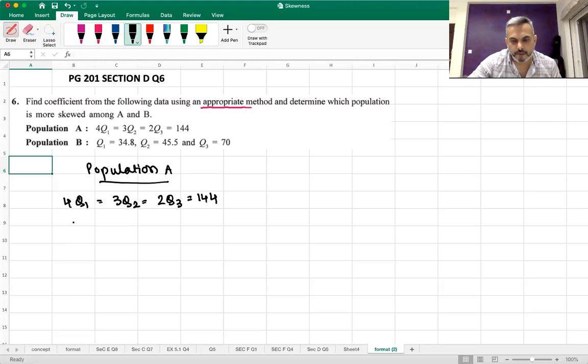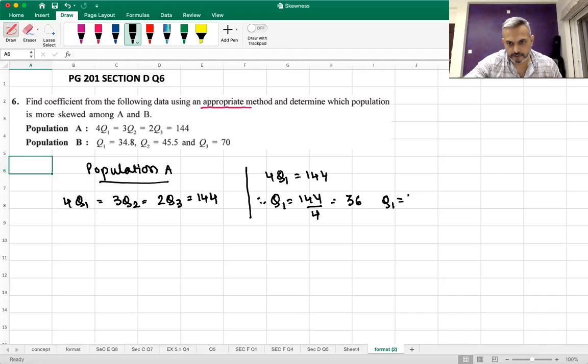So let's go one by one. 4Q1 is equal to 144. Therefore, Q1 is equal to 144 divided by 4, which is 36. So Q1 is equal to 36.